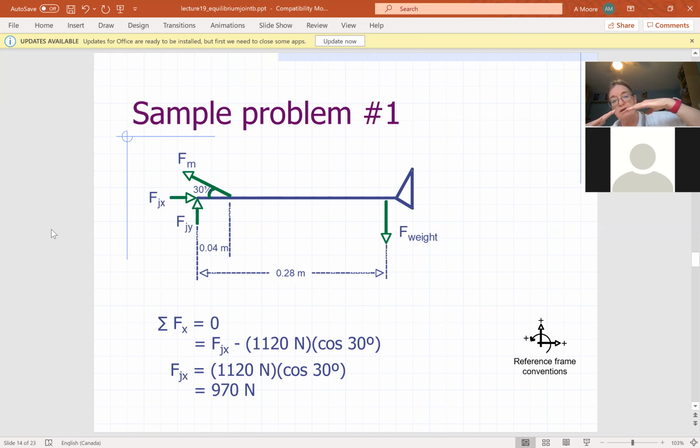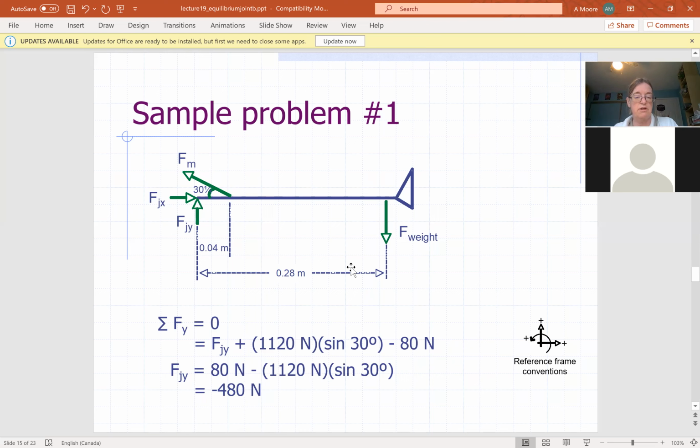And Y, again, you're going to have the Y component of this muscle force. You're going to have the Y component of your joint force, and you're going to have the force of the weight, because it happens to be fully in the Y direction also.